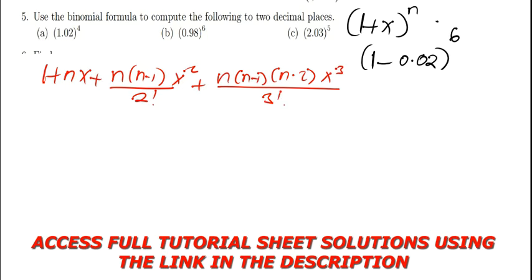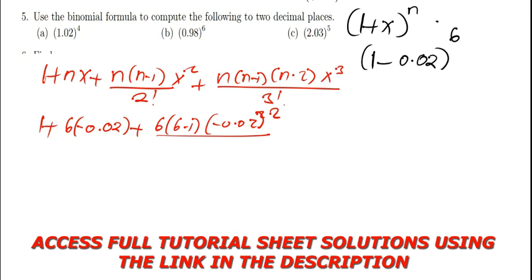But for the fact that I want it to be in 2 decimal places, when I plug in the values, n is 6, x is negative 0.02 plus n is 6, then 6 minus 1, x is negative 0.02. Now we square it. I divide this by 2 factorial. 2 factorial is just 2.